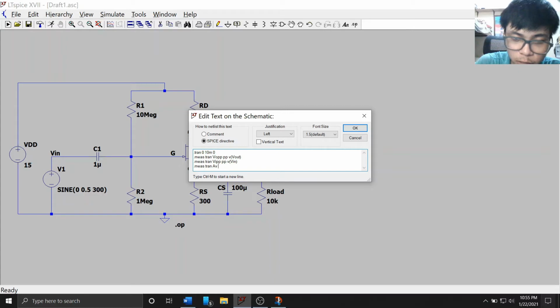So we have here the voltage gain, which is equal to the output peak-to-peak voltage all over the input peak-to-peak voltage.